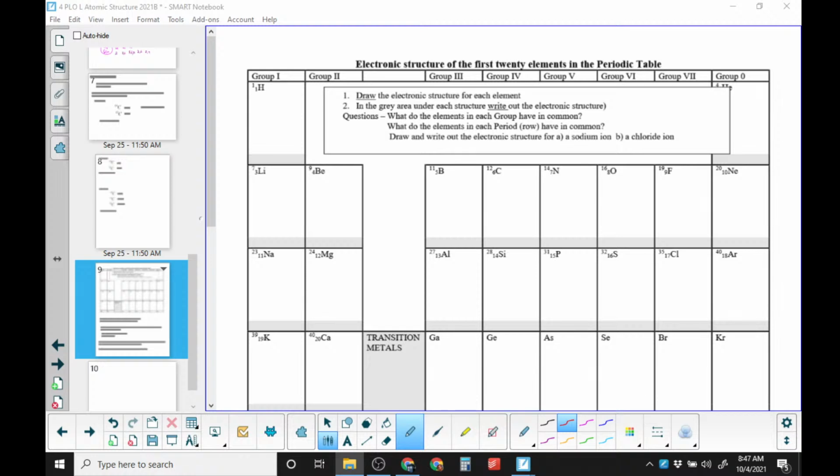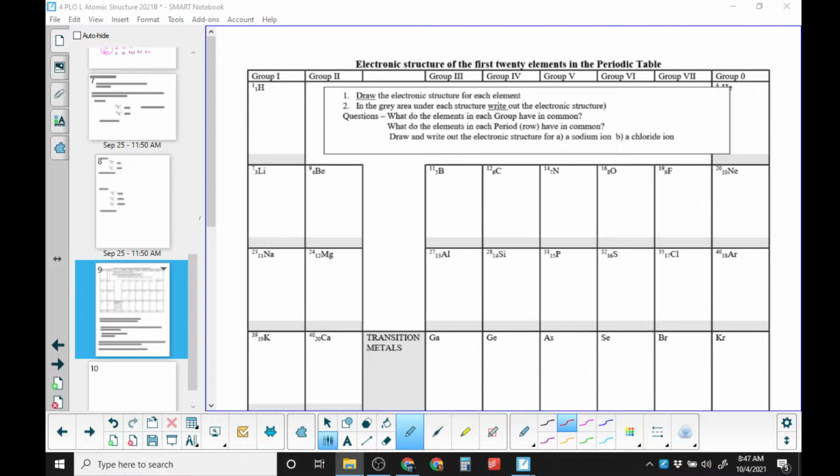No, that's not it. Where's the chemistry 11 data table? Come on. Data booklet.